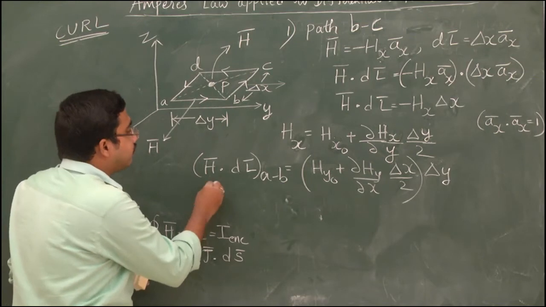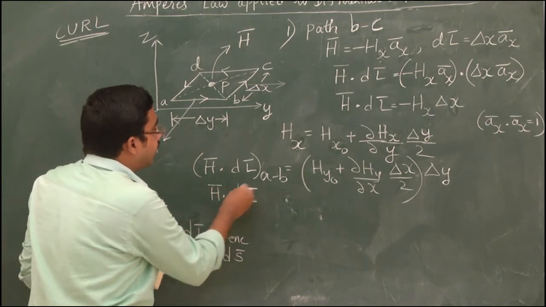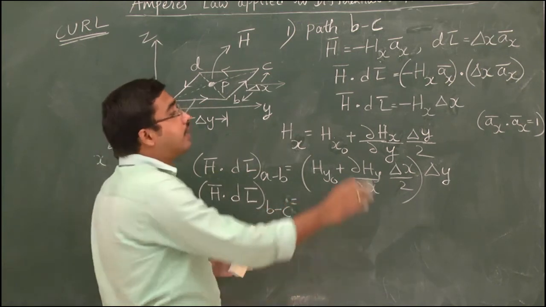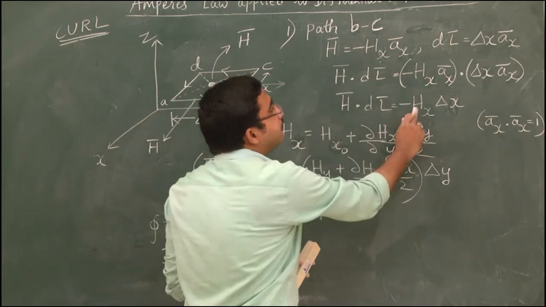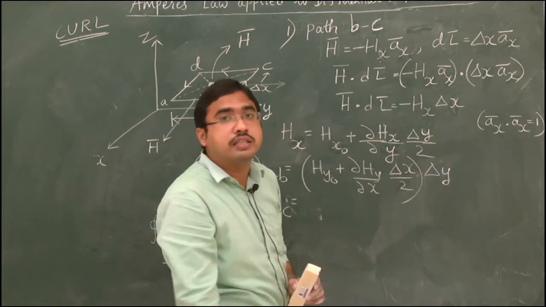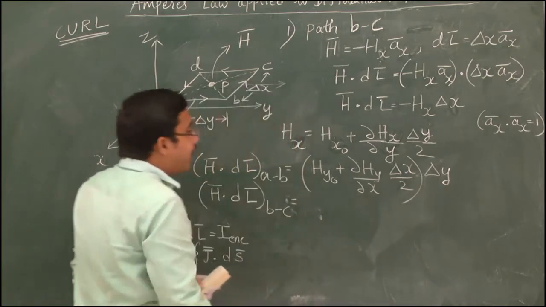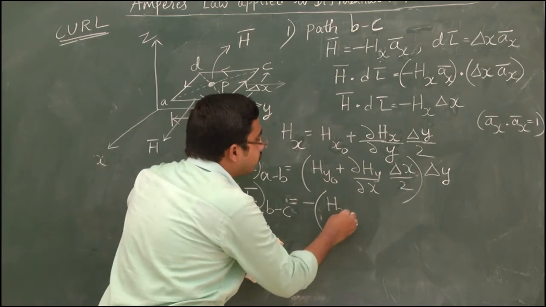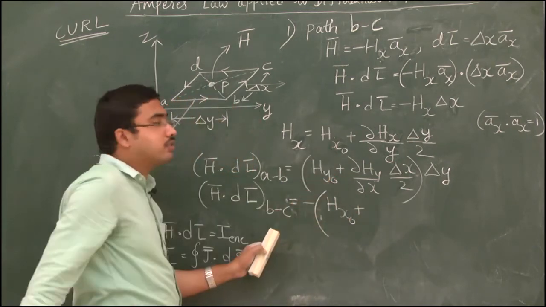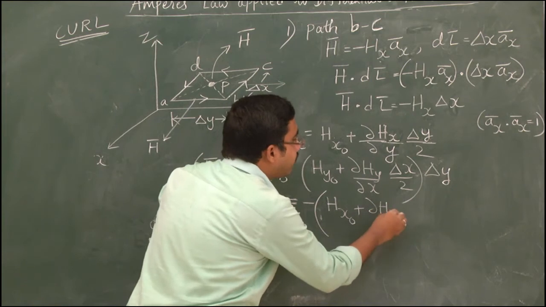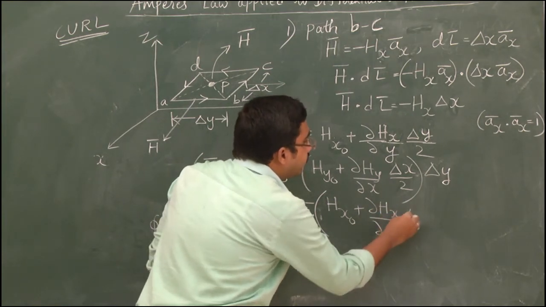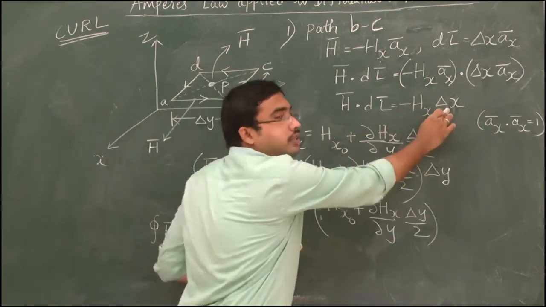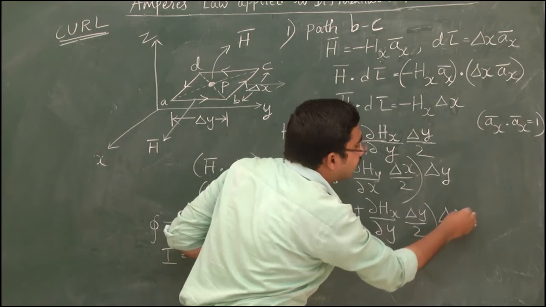So H bar dot dL bar in the path BC is equal to minus Hx into delta x, where Hx is Hx naught plus dou Hx by dou y into delta y by 2, that is the Hx value, into delta x.